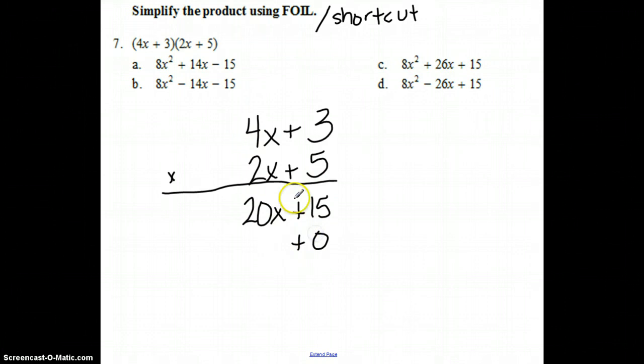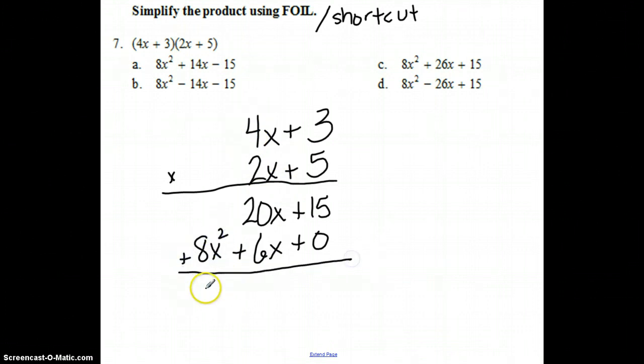Add my 0. 2x times 3 is 6x. 2x times 4x is 8x squared. So if I go to total this, 8x squared plus 26x plus 15 would be C.